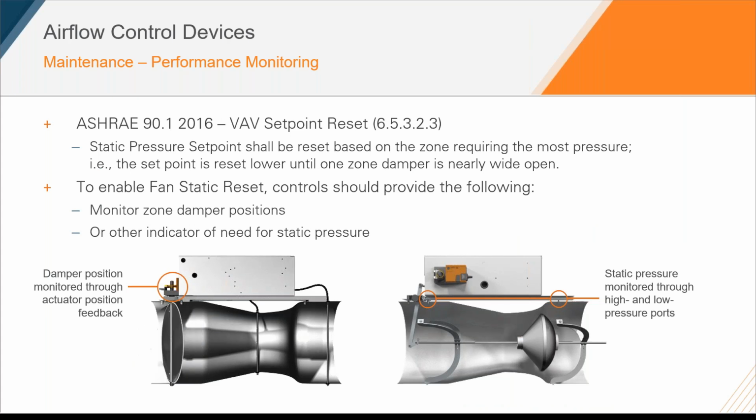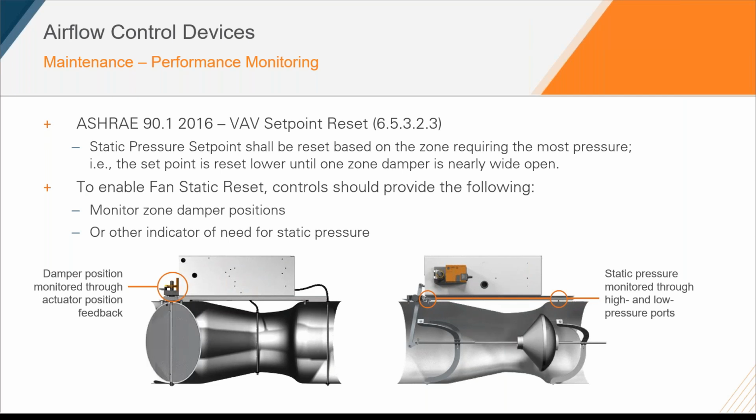So all of these performance monitoring features really feed very nicely into us talking about ASHRAE 90.1. What ASHRAE 90.1 is really dictating is the energy consideration for your building system. Specifically regarding your VAV, your variable air volume valves, ASHRAE 90.1 states that your static pressure set point shall be able to be reset based off of whatever valve is requiring the most pressure.